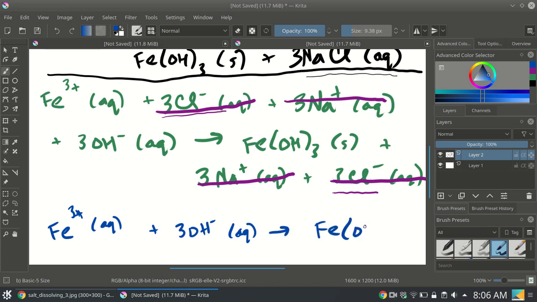I'm just copying things down. You think I'm thinking? I'm not thinking. I'm just copying things down. All right. So it's iron, hydroxide, iron 3 hydroxide. That's it. You know what this is called? This is called the net ionic equation.